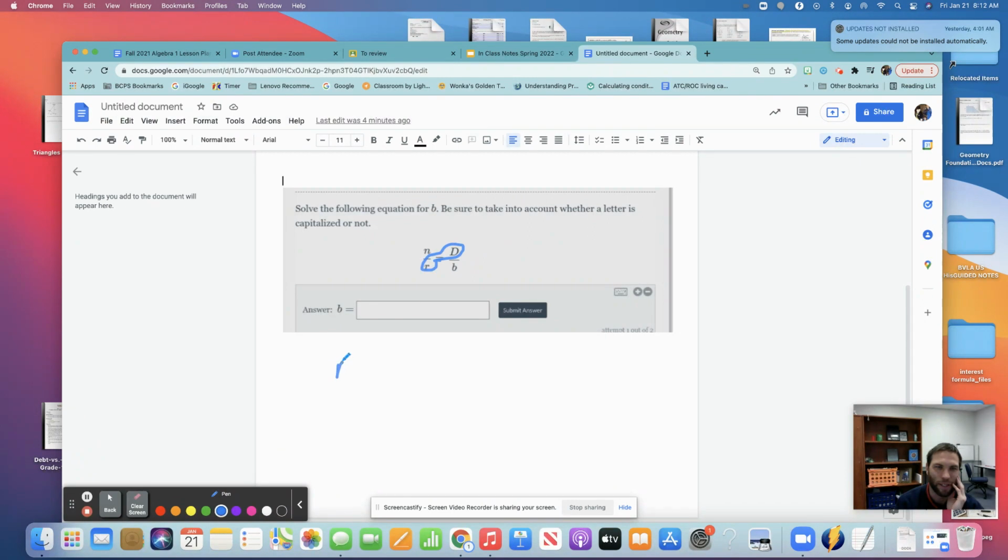R times D is R times D, and N times B is N times B. Then it says solve for B. So you divide both sides by N, and that cancels off. B is equal to RD over N. You can also say DR if you like DR because it's doctor. I think that would be great.